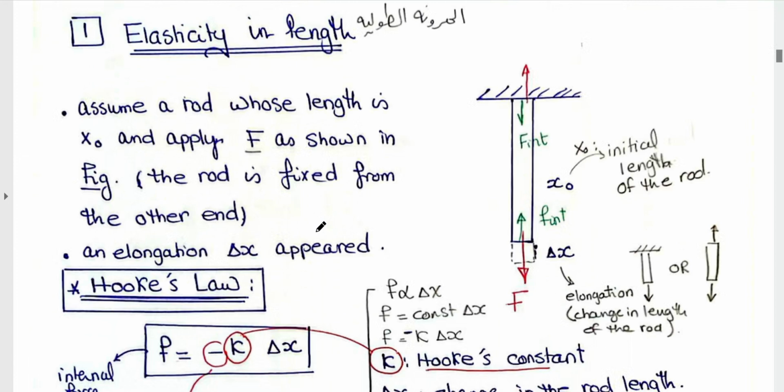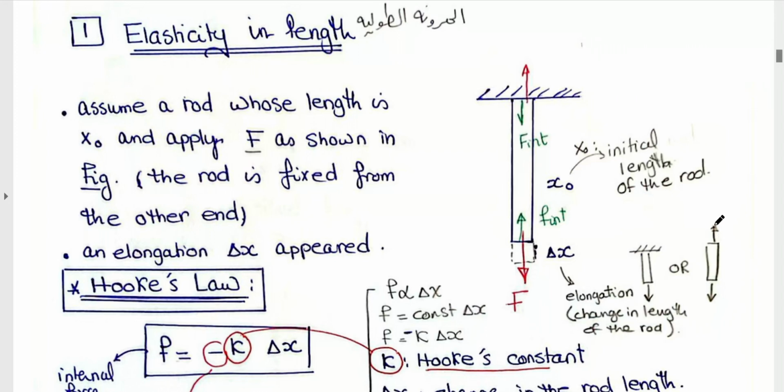Assume that we have a rod whose length is x naught initially. X naught is the initial length of the rod. We will apply force F. I'm fixing the other side of the rod.